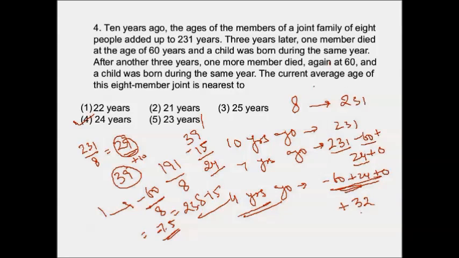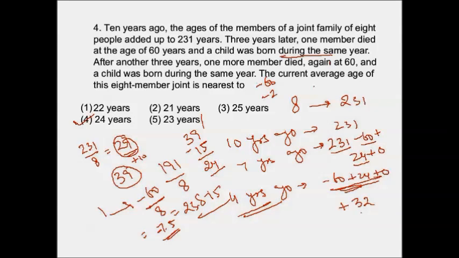Now, I'm assuming a modification in the question that had it been given that a member died at an age of 60 and a child was born, let's say, after 2 years of this. And again, a member died at 60 and again a child was born after another 2 years. What would have been in that case? So here when a member dies at an age of 60 and a child is born after 2 years, again, practically it might be impossible, but we can assume that the same year a baby was born at an age of -2.